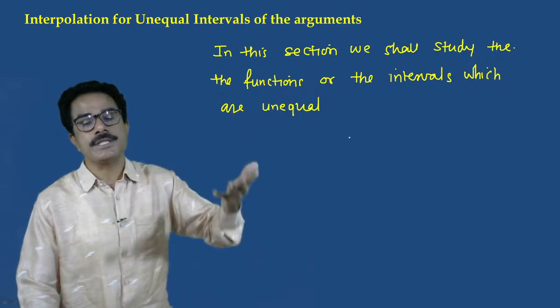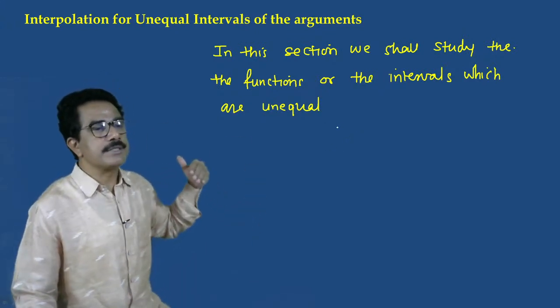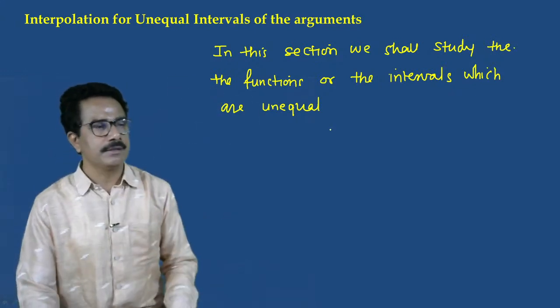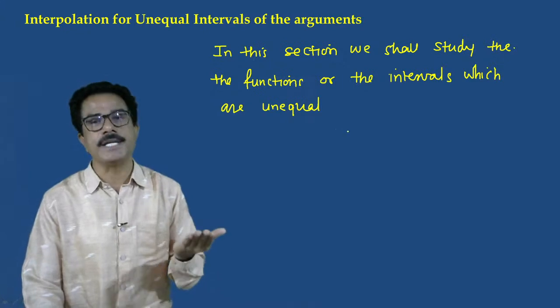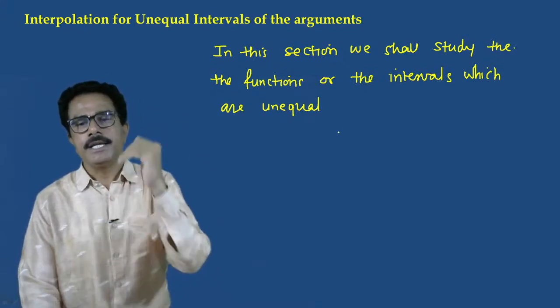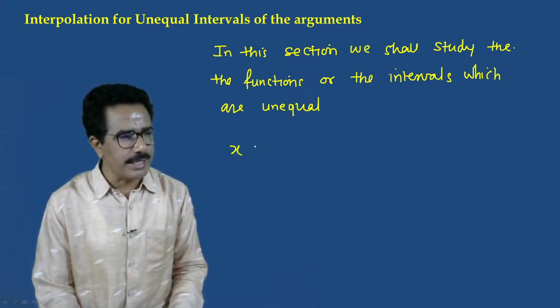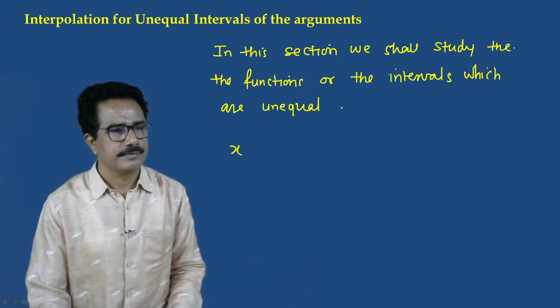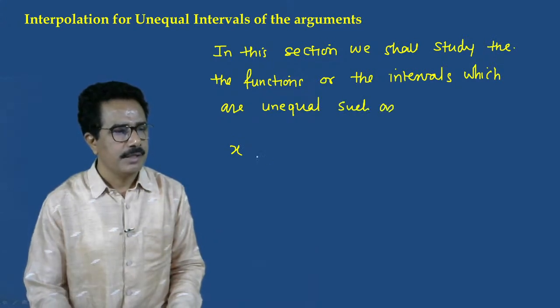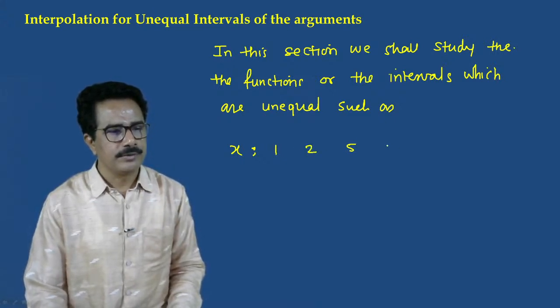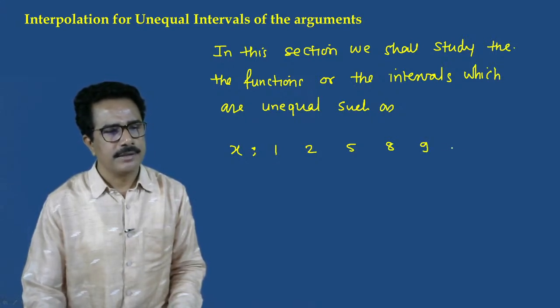We shall discuss the concept here in this section: interpolation for unequal intervals or unequal arguments. Arguments means the values of x. Entries means the values of f of x. Such as x equals, suppose, 1, 2, 5, 8, 9, in this way.